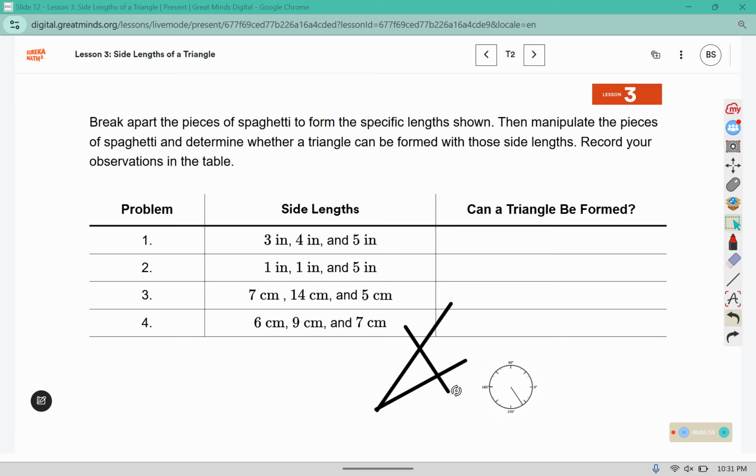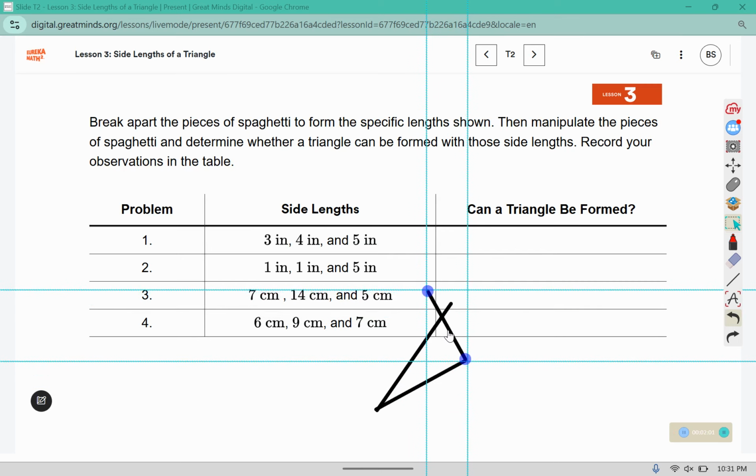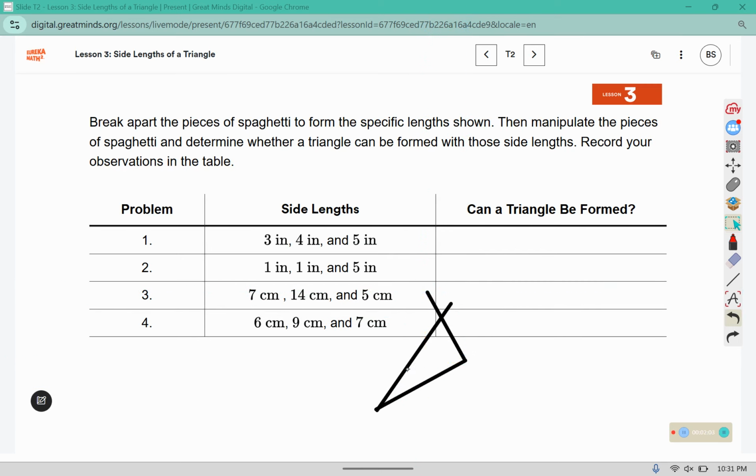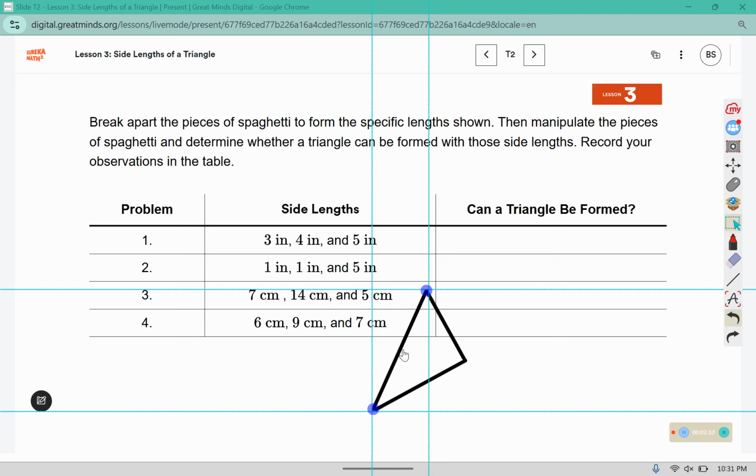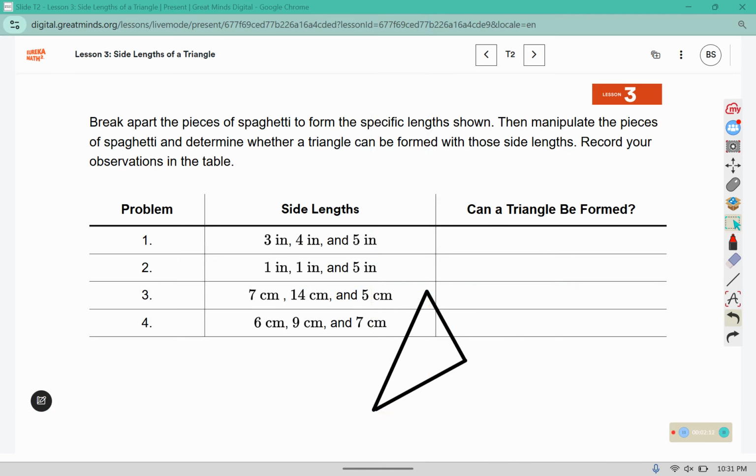So we're going to continue to rotate these pieces around until all of them are connected. Like so. So can a triangle be formed? Yes.